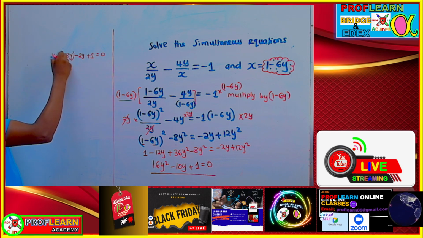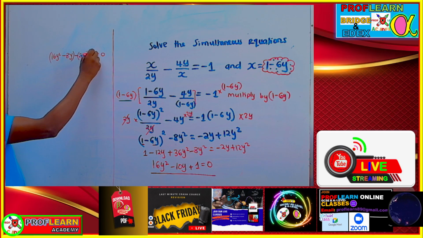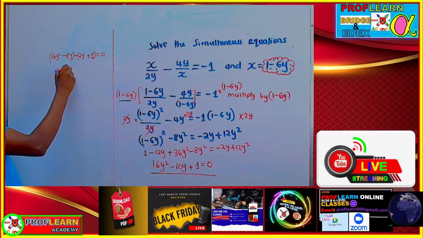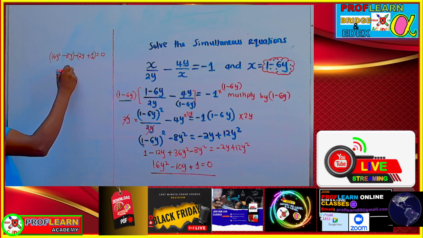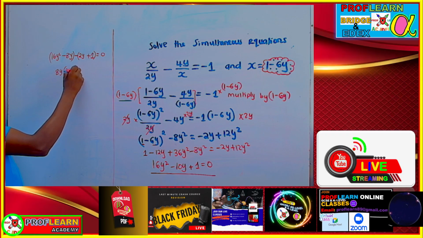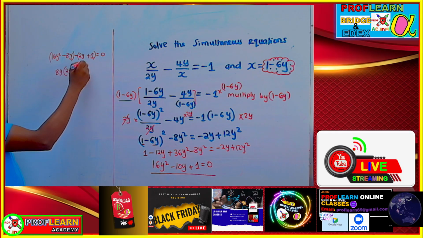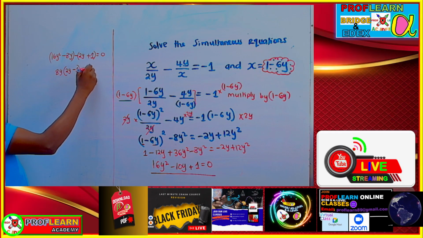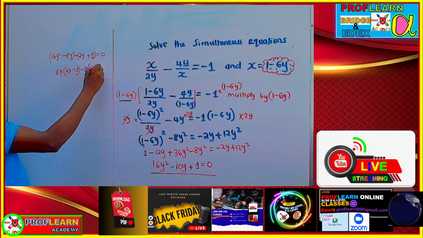We factor out what's common in each of the sections here. So this is going to be 8y common, we shall remain with 2y minus 1. And we factor out minus 1, so we shall have 2y minus 1.